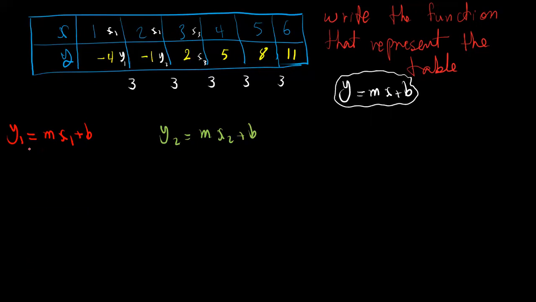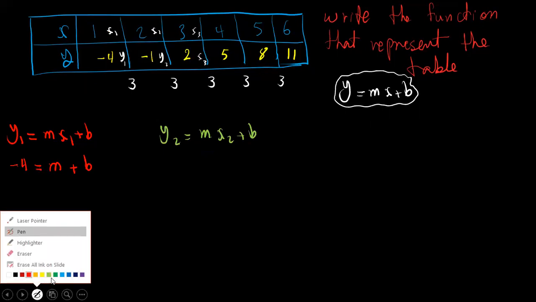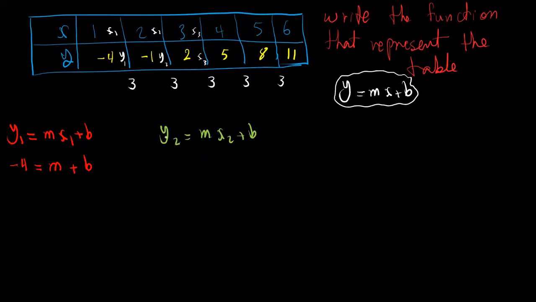Now I will substitute y1. y1 is -4. I don't know what m is. x1 is 1, so 1m plus b. Now here, substitute y2. y2 is -1, equal. x2 is 2, so 2m plus b.